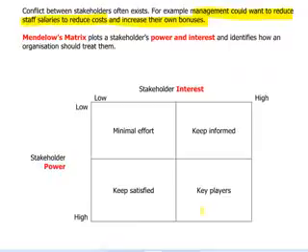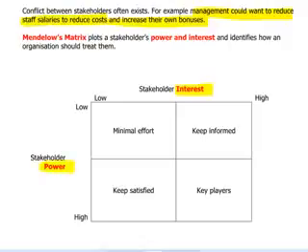Mendelow prepared a matrix which helps to identify certain types of stakeholders and helps to identify what we should do with those stakeholders, and this can help to resolve any conflict. Mendelow's matrix plots a stakeholder's level of interest and a stakeholder's level of power.